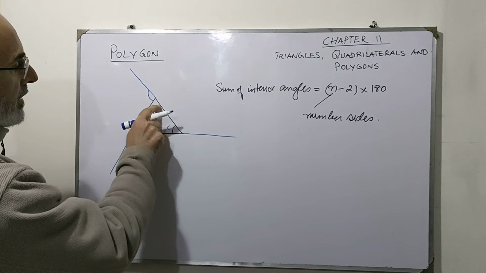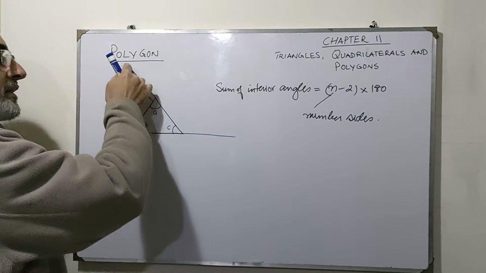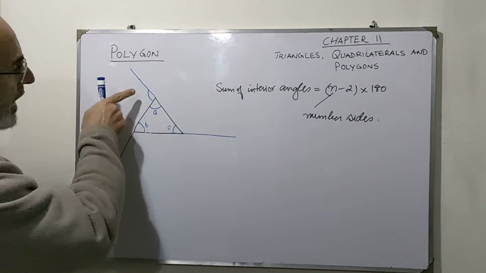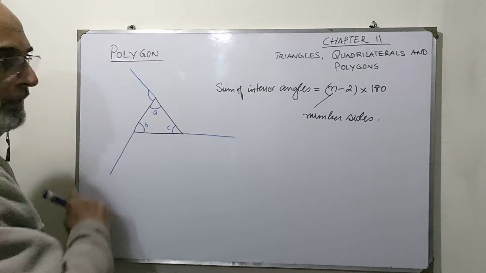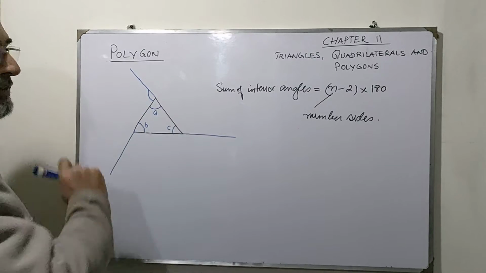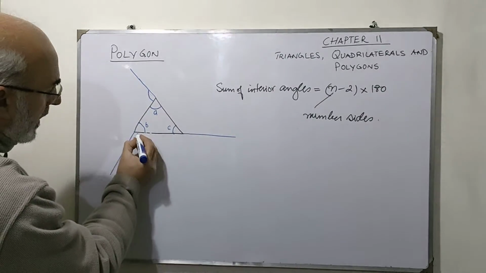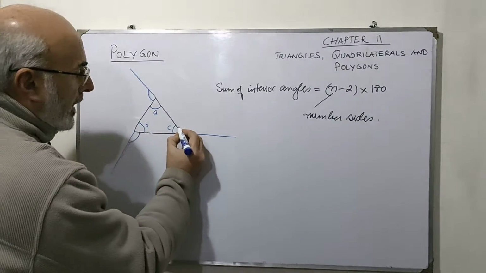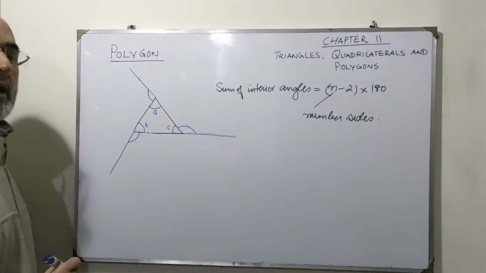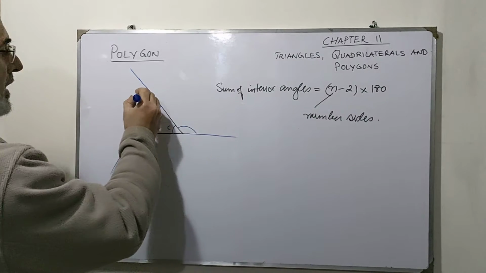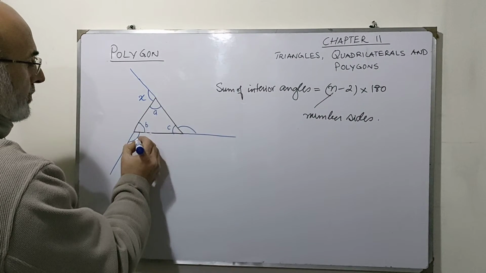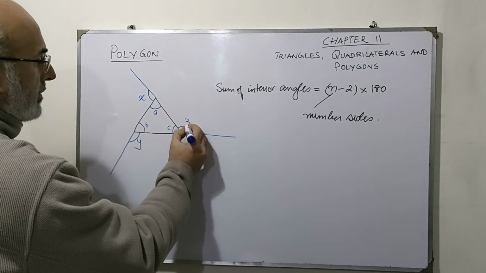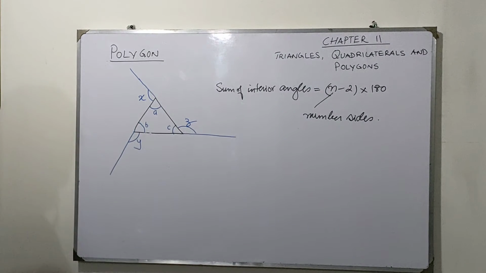This angle is interior, but if I extend this line, I get an angle over here as well, and this is an exterior angle. I have an angle over here as well, also an exterior angle, and an angle over here, also an exterior angle. Let me name these angles X, Y, and Z.